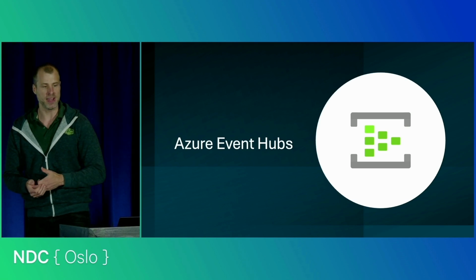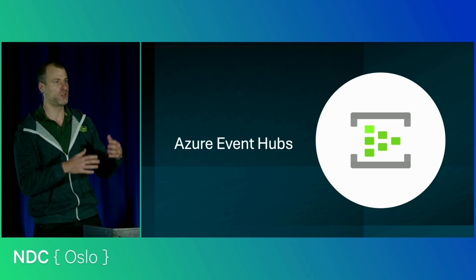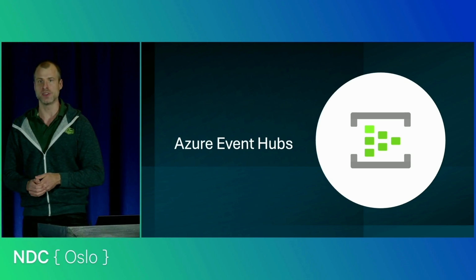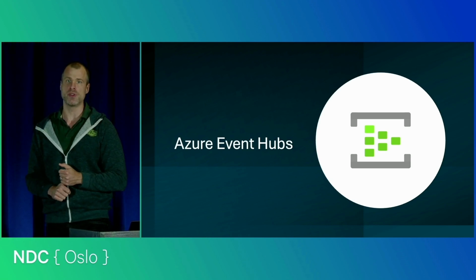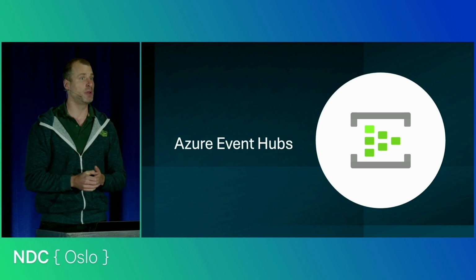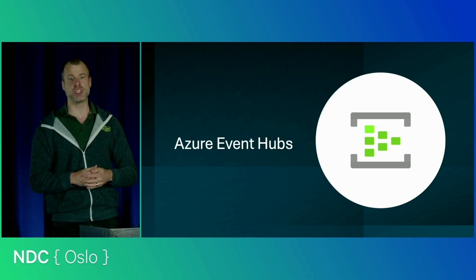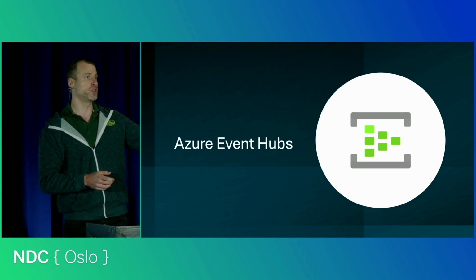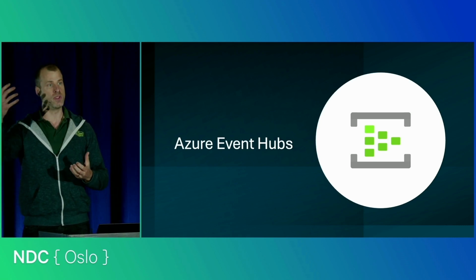So Event Hubs is extremely powerful for those types of problems where you need strict ordering and when you want to ingest high volumes of data. One other case: lots of people use it if you have legacy applications that have large monolithic databases, where you can apply something like change data capture. It's a really nice thing. You hook into your tables, and whenever something changes, you publish those changes into Event Hubs.